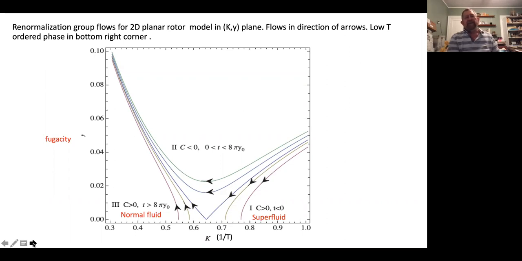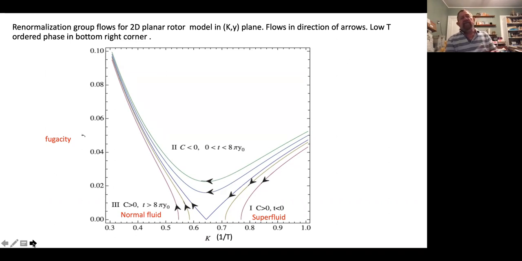Now, I've written down the flows for three regions. The bottom right-hand region corresponds to the integration constant C positive, and this little t, which I call T minus TC over TC, is negative. In other words, that's below TC.